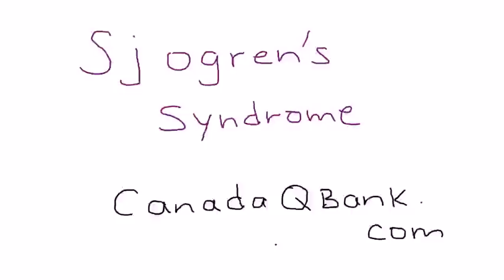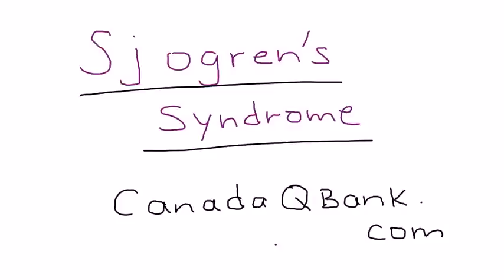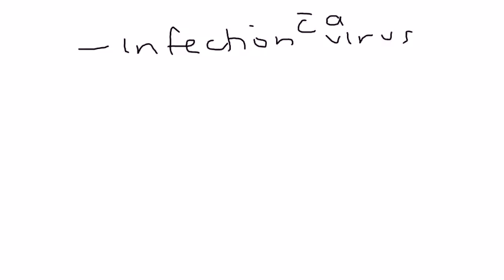Sjögren's syndrome is the topic for this presentation, and Sjögren's syndrome is an autoimmune disorder. It's believed that what's happening is, in response to an infection with a virus, the normal cells that are responsible for helping us fight an infection actually attack our own moisture secreting glands.